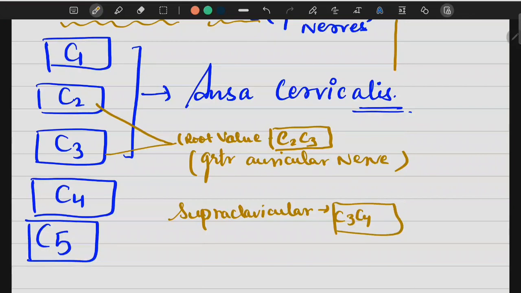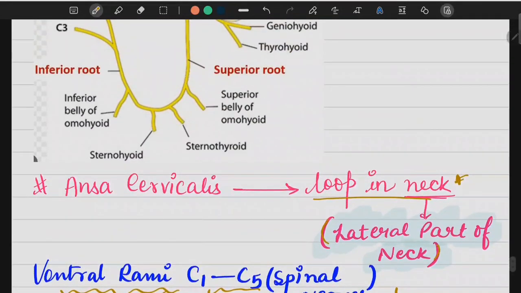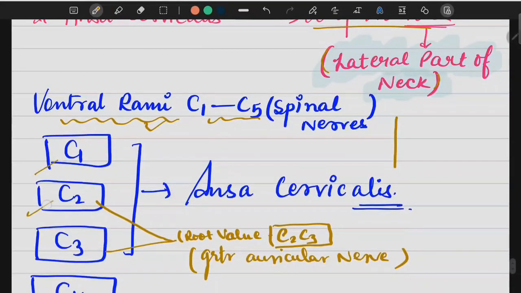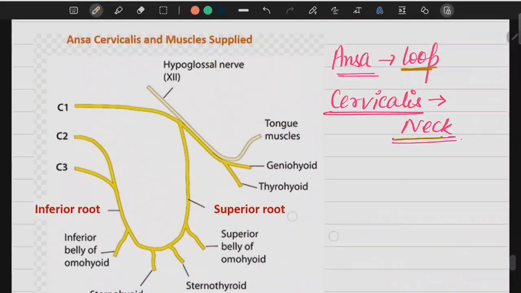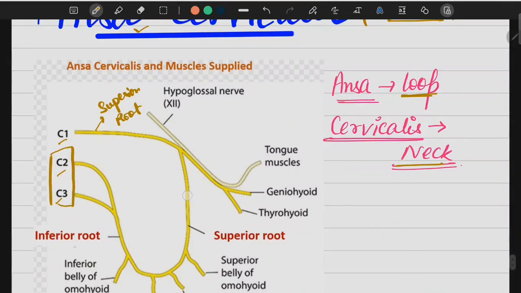Okay. So this is the concept of ventral rami, just remember there are these 5 rami from C1 to C5. So basically, if you take into consideration the first 3, C1, C2, C3, and bring these rami here, you will find that C1 is giving rise to a superior root, and C2 and C3 in combination are giving rise to the inferior root.